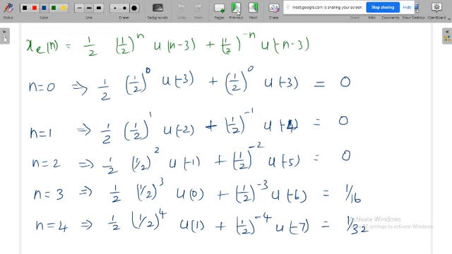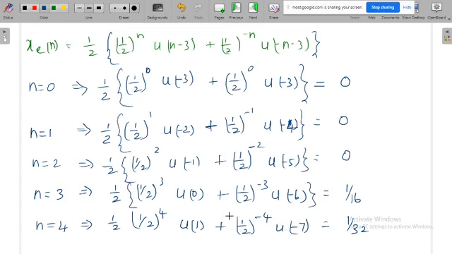Again we made a mistake. This 1 by 2 is a common 1 by 2. We have to be careful. Anyway this component is 0, but this 1 by 2 is common. Again the answer will not change, because this is not producing anything.